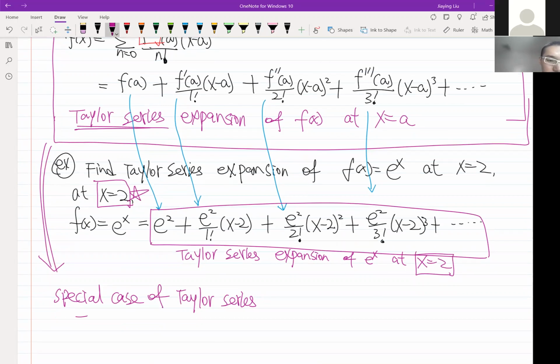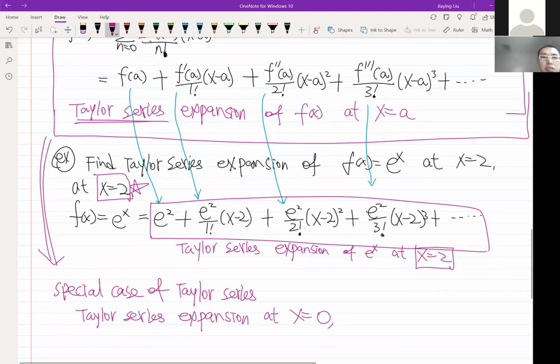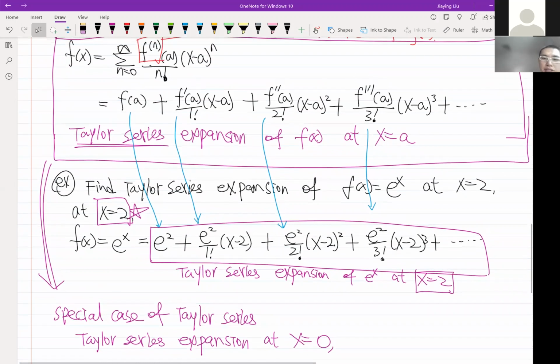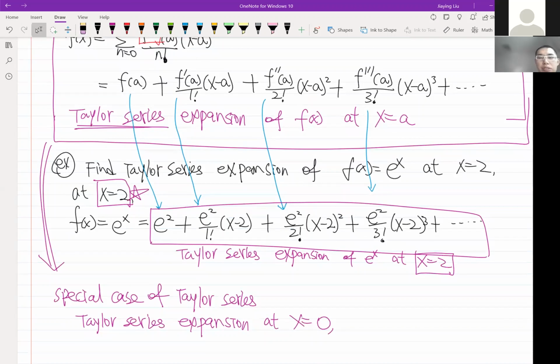So Taylor series expansion at x equals 0, not just any a. Here, a equals 0. That's a special case. So what's the expansion? Well, that's easy because we already have the expansion above. I'm just going to take it and substitute a with 0.